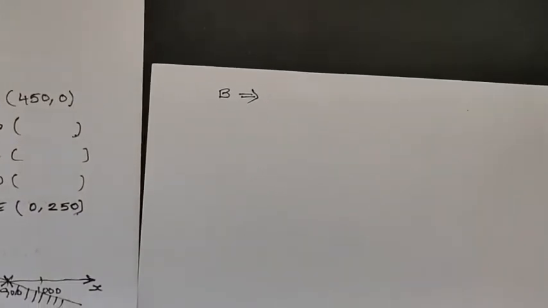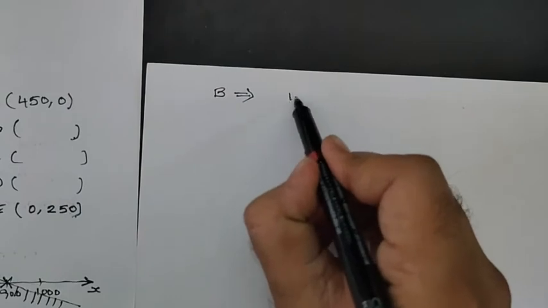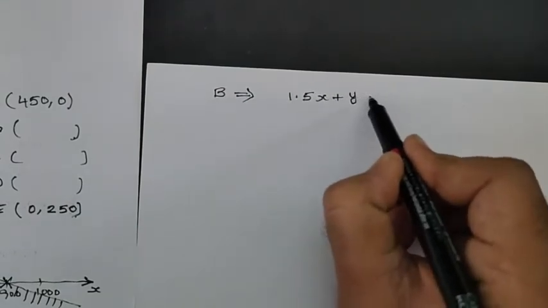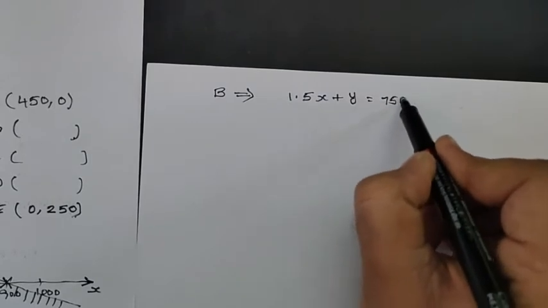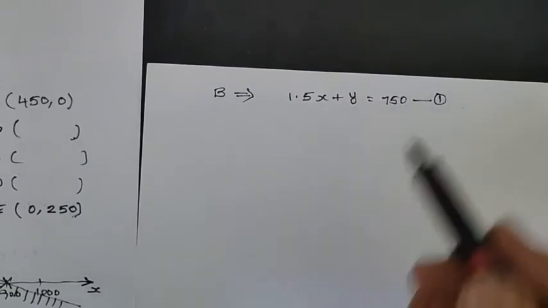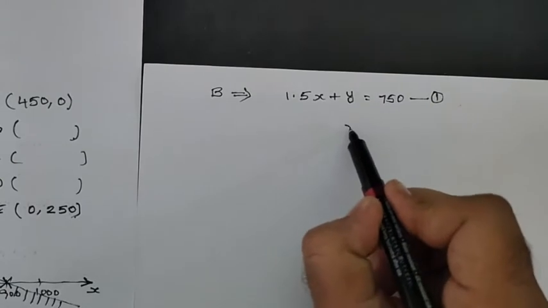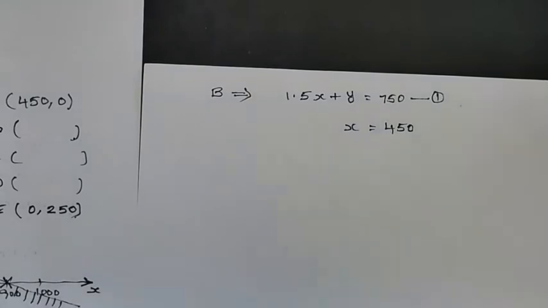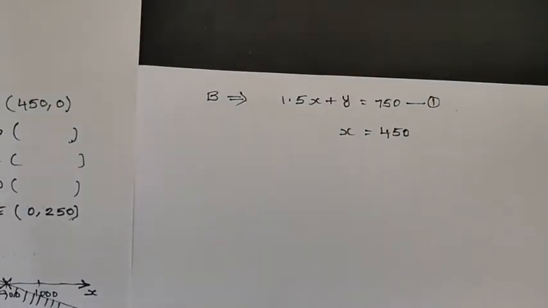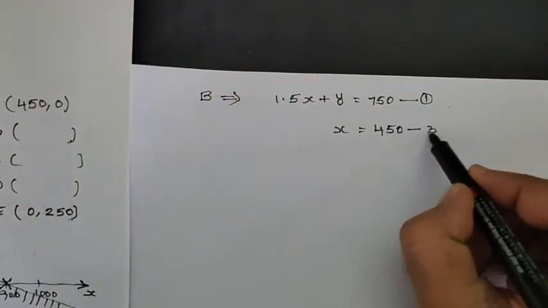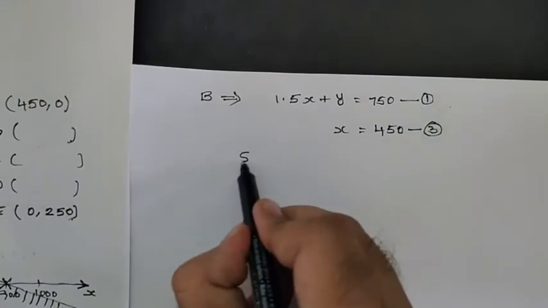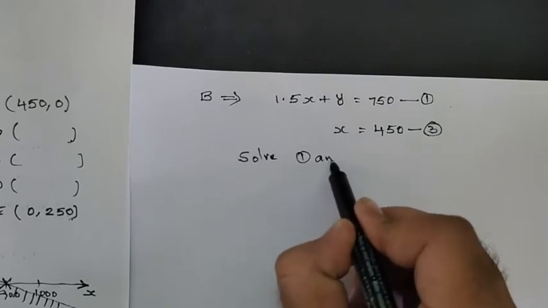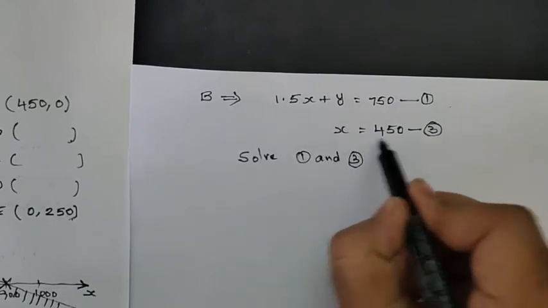So what is 1? 1.5x plus y is equal to 750, that is the first one. And what is the third one? x is equal to 450, right? So this is the third constraint. Now solve 1 and 3. Here we already know the x value, 450.